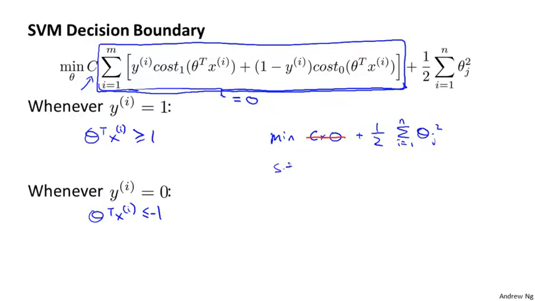And this will be subject to the constraint that theta transpose xi is greater than or equal to 1 if yi is equal to 1, and theta transpose xi is less than or equal to -1 whenever you have a negative example. And it turns out that when you solve this optimization problem, when you minimize this as a function of the parameters theta, you get a very interesting decision boundary.